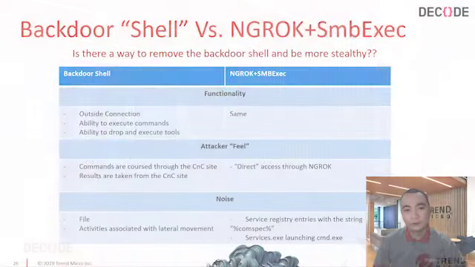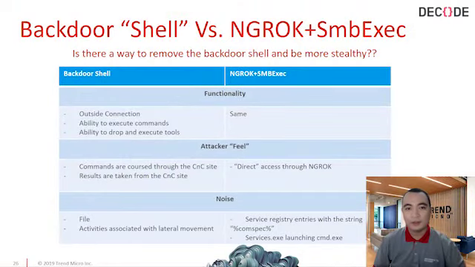For Ngrok and SMB Exec, it's practically the same. For the attacker, commands are routed through the CNC site when you use the backdoor shell. So there's a need to register a CNC server for you to use, and the results are taken from the CNC server.